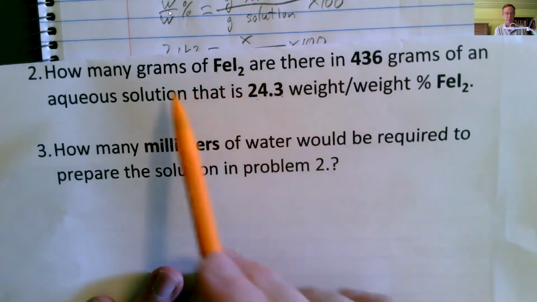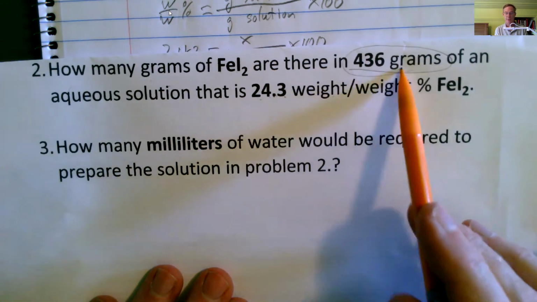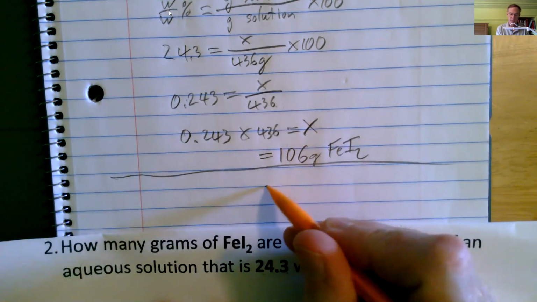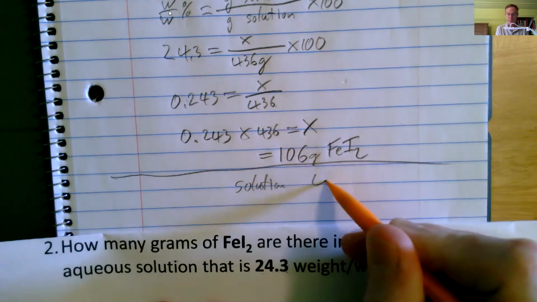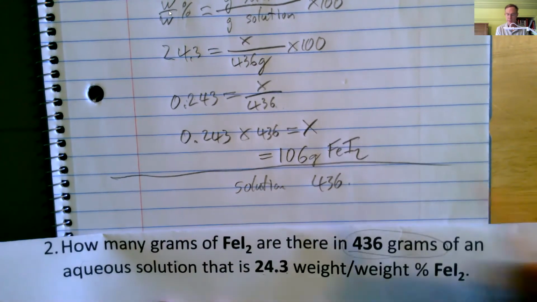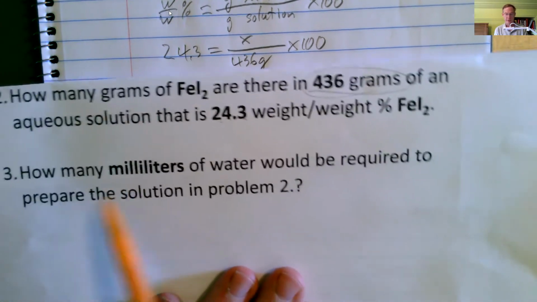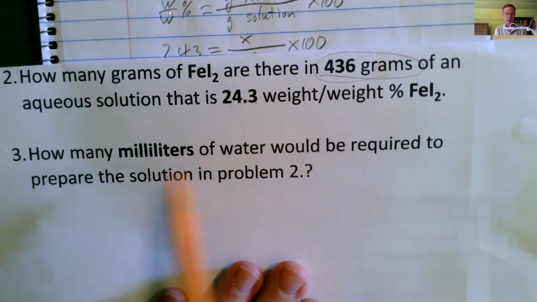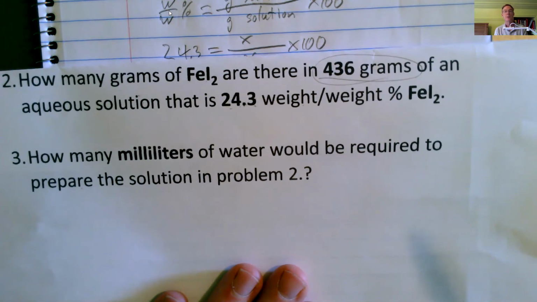In problem 2, we had a solution that weighed 436 grams. Let me write this down. The solution was 436 grams. And they're asking us here how many grams of water are required to prepare the solution.